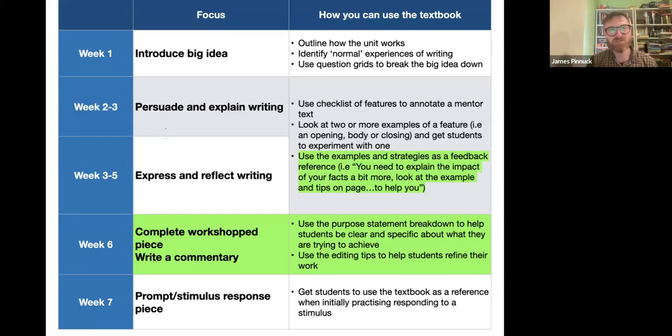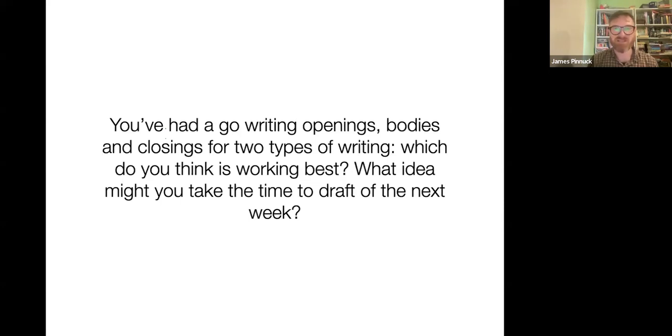Okay, and then you can go through and look at the openings, bodies, and closings and get kids to experiment with writing different openings, bodies, and closings in either expressive or reflect mode.